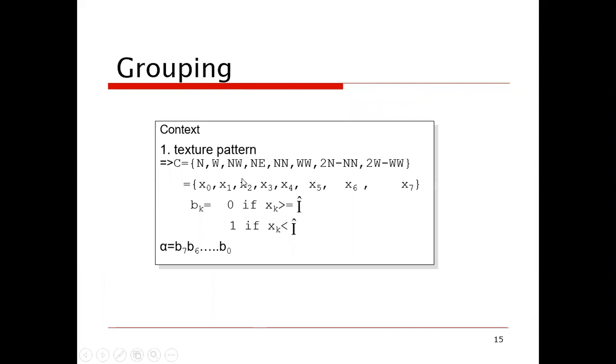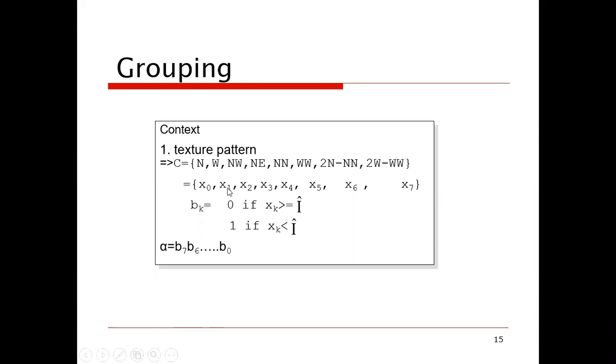X0 is the n value for the 100 pixel, which is 20. So 20 is less than 105, and B0 becomes 1.